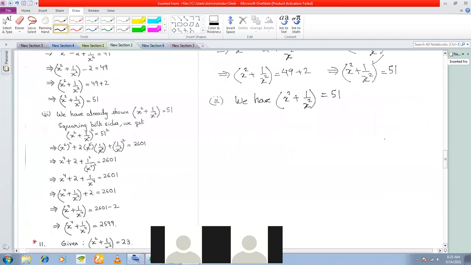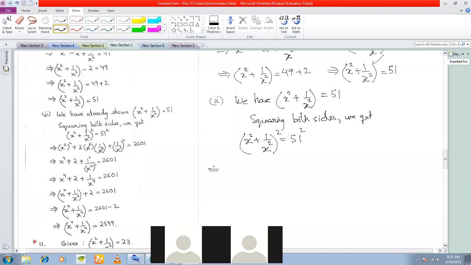Squaring both sides, we get x square plus 1 by x square whole square is equal to 51 square.